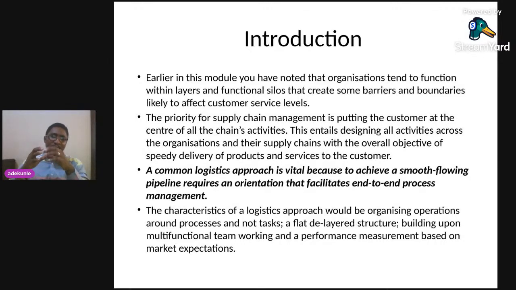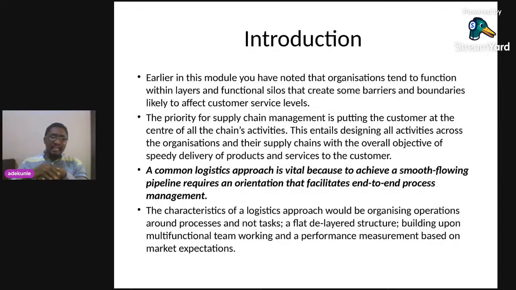Now, the priority of supply chain management is putting the customer at the center of all the chain activities, and this entails all activities across the organization and the supply chain with the overall objective of speedy delivery of product and service to the customer.